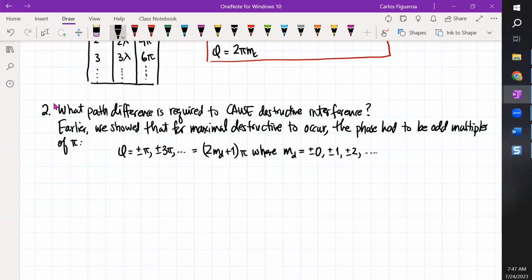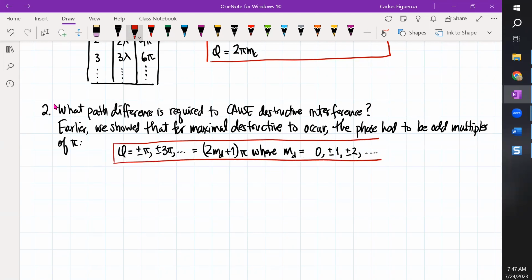I'll explain what I mean by that in a minute. I'm really looking at the pattern. So now, if I put this all together, I've defined an m value that has a little c and a little d to remind you we are talking about constructive or destructive interference.